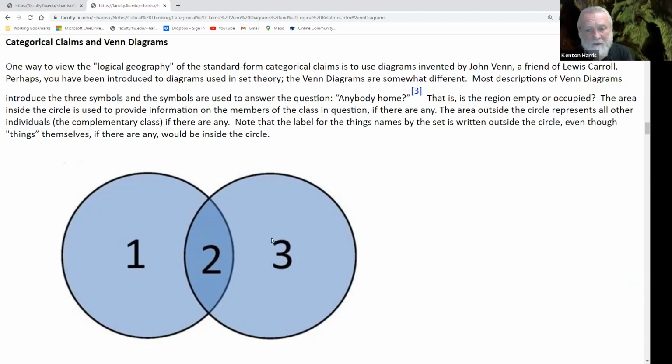Because it's inside the predicate circle, but it's not inside the S, the subject circle. And what about this middle ground here? Well, notice anything that's found in this region is both inside the S circle and inside the P circle. So anything in here is both an S and a P, okay? It's a member of both classes.